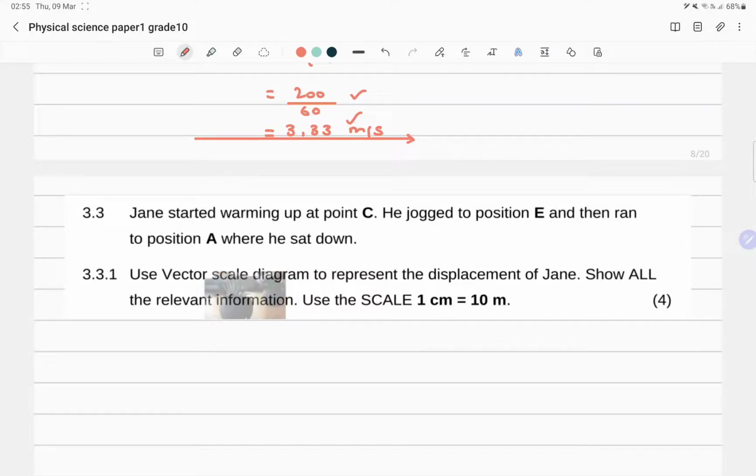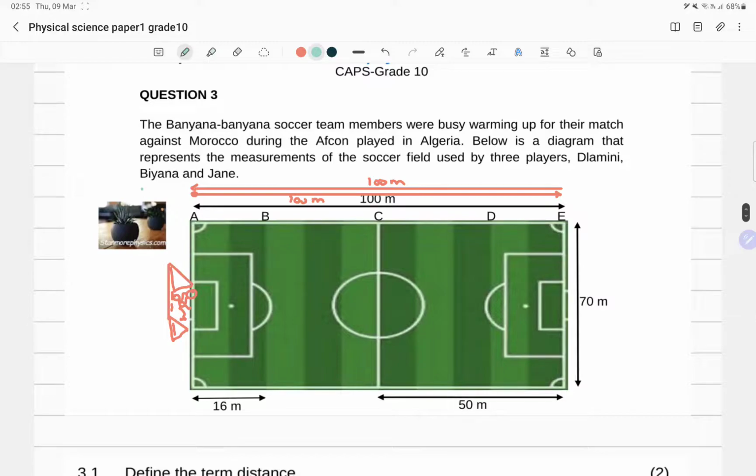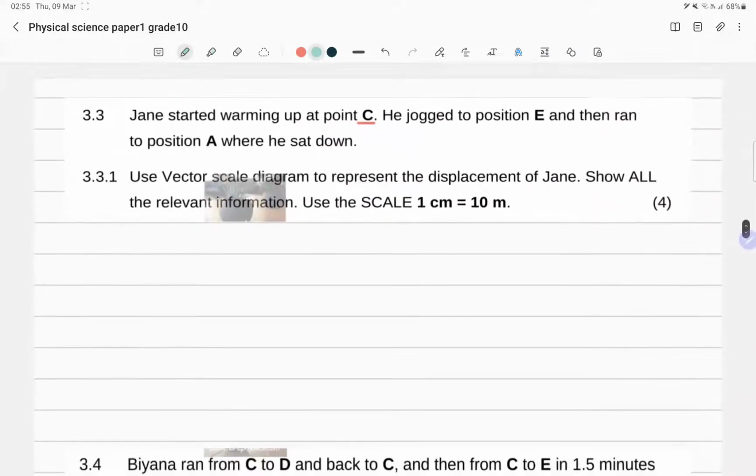Jeanne started warming up at point C. So let's see, where is Jeanne? So what is the story about here? He jogged. Oh, what an interesting one. Anyway, she is what? She is a he, right? Yes, people of this country, though. That's something else.